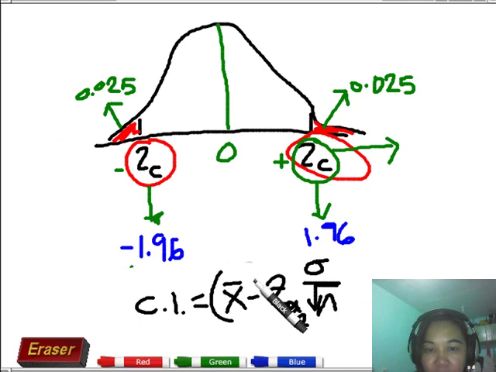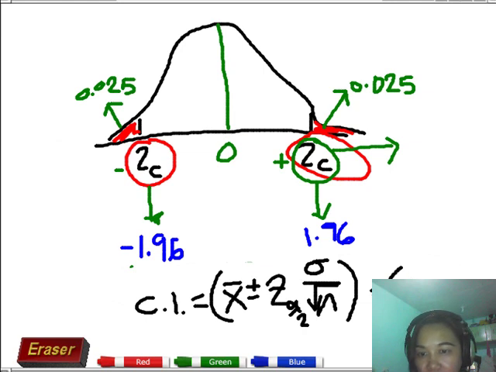Okay, this is actually plus minus. Or you could also write it with a comma. Here you use the subtraction and here you use the summation. You subtract here and then you add it here. So you use the minus here, the lower limit, and the upper limit, you use the plus sign.